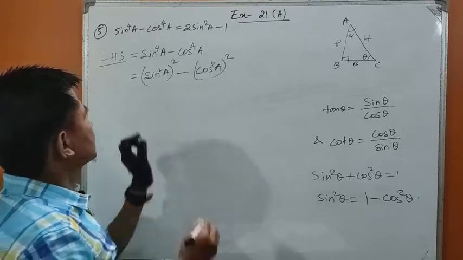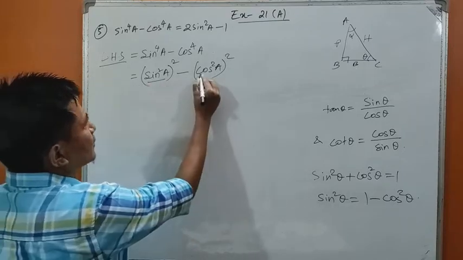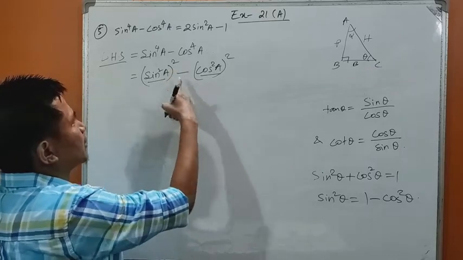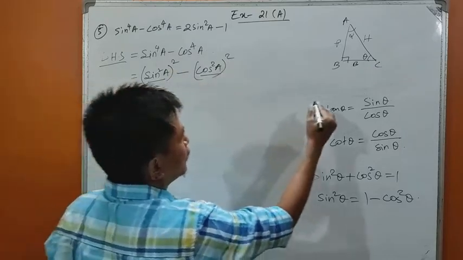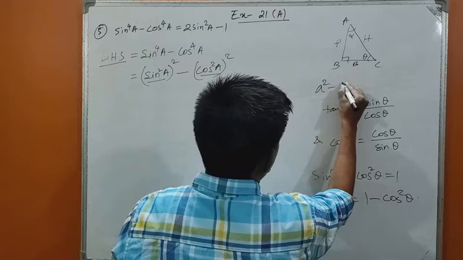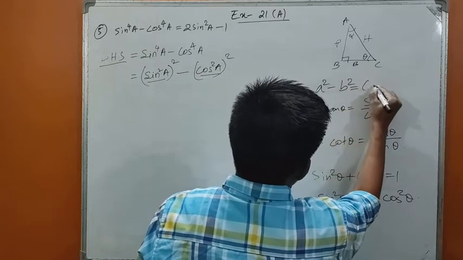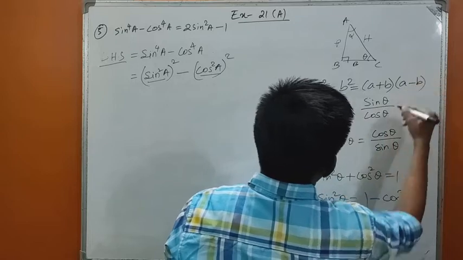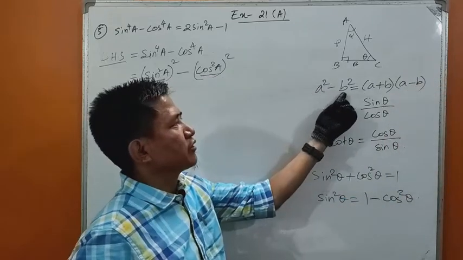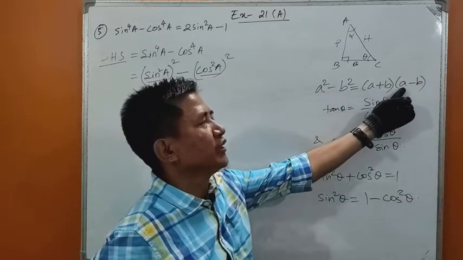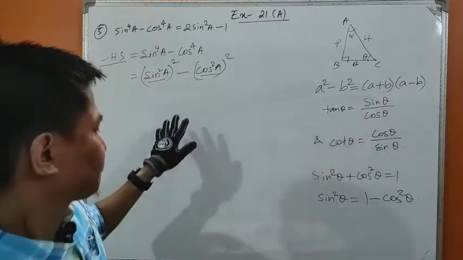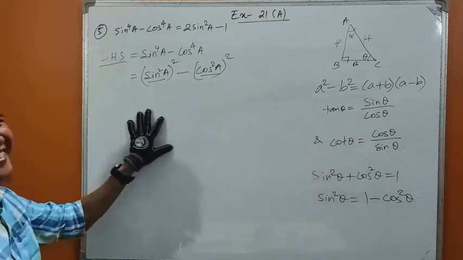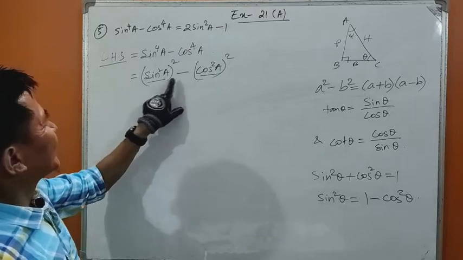Now let us consider this as a and this as b. So a square minus b square. We know the formula, a square minus b square equals a plus b whole into a minus b, isn't it? So sorry, this is a and this is b.